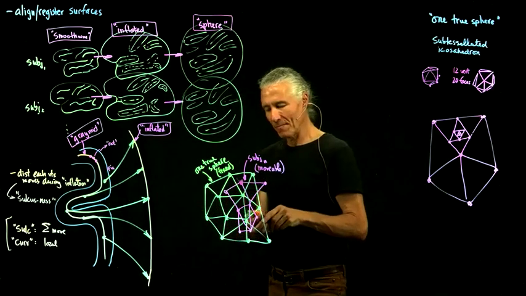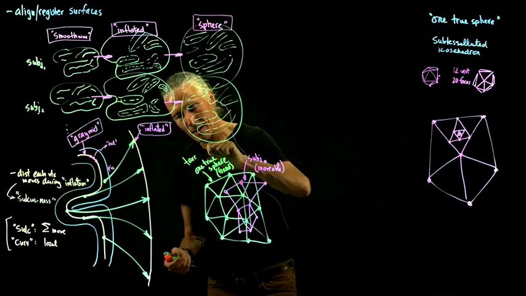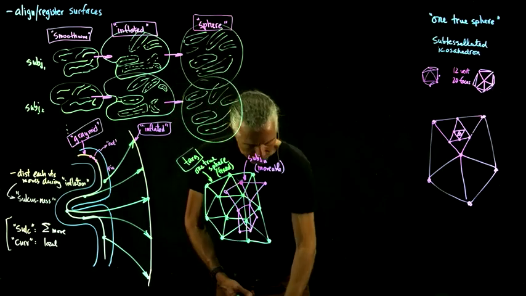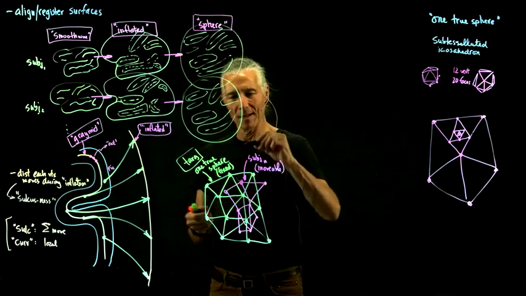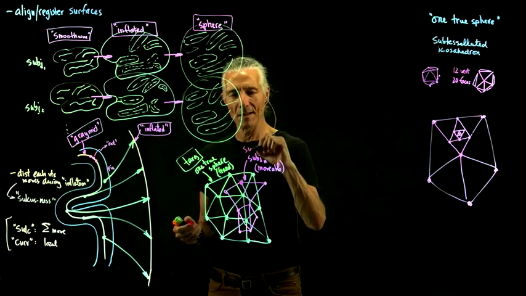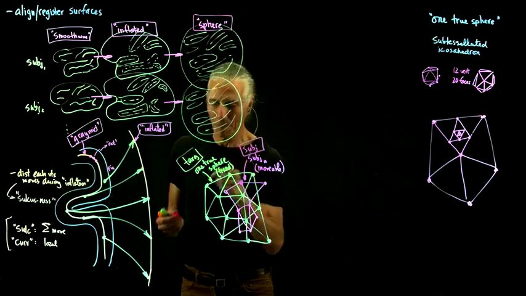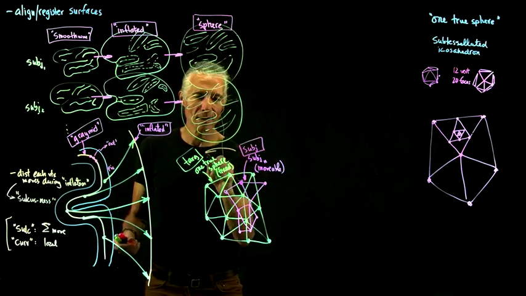So this guy is the target, and this is one subject. So basically we want to distort the subject into the target.